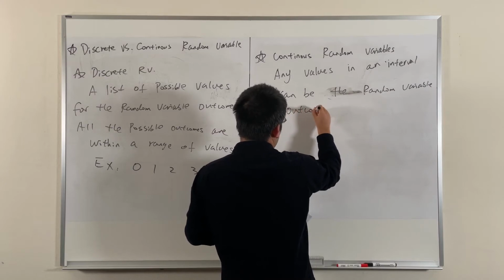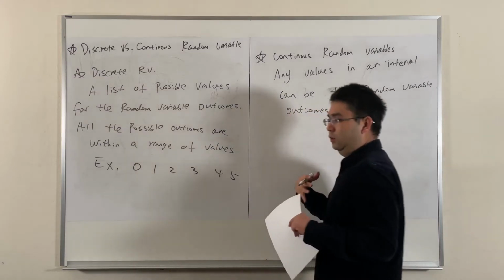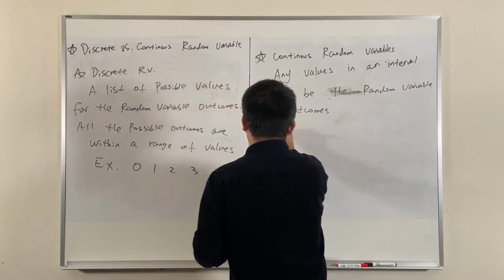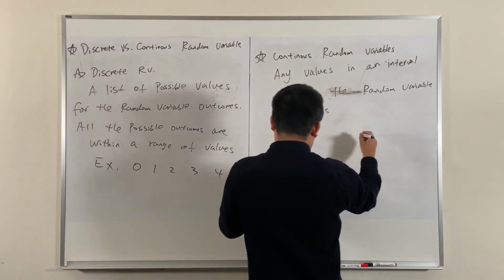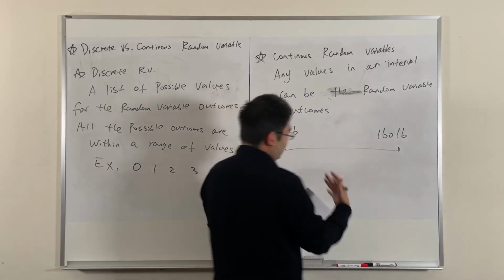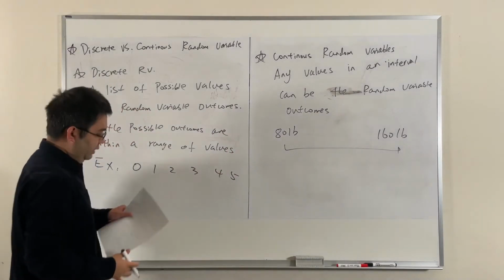What it means, right? So if we're interested in the weight of this class, you can have 80 pounds to 160 pounds, right? And this is an interval and this is a range.